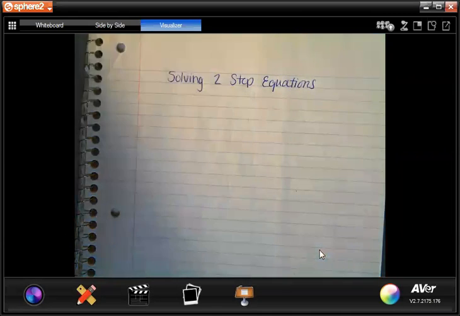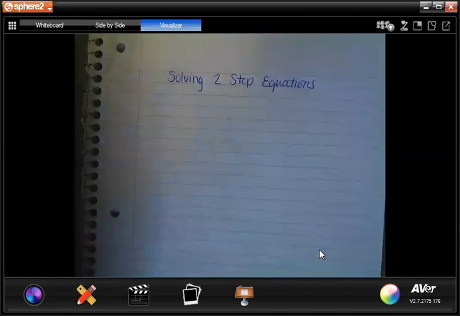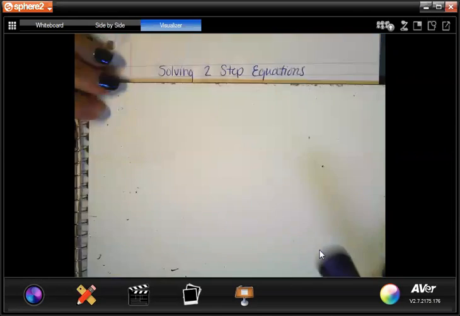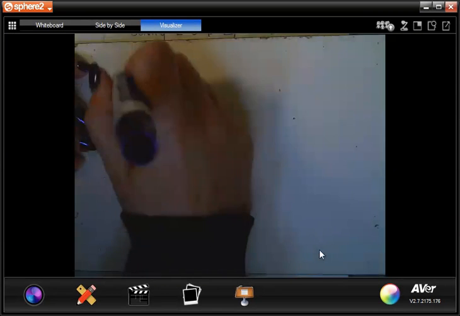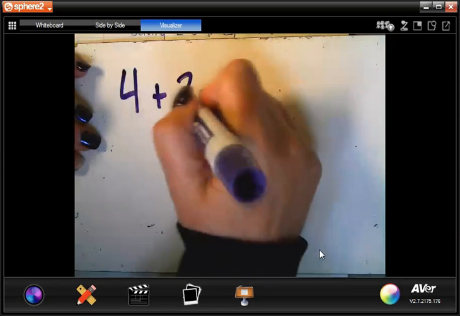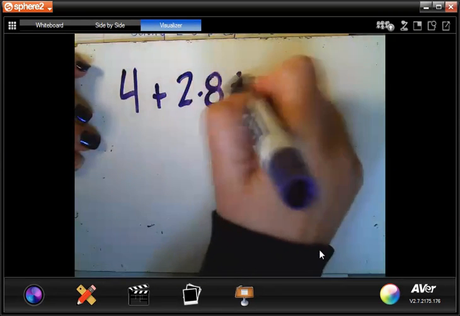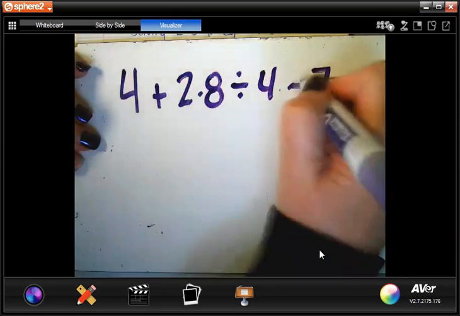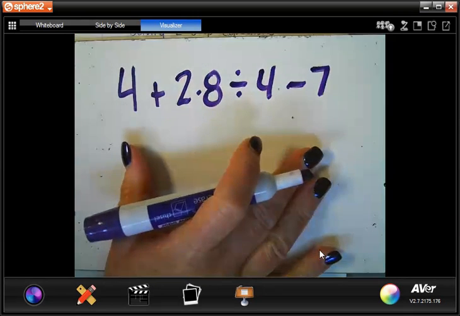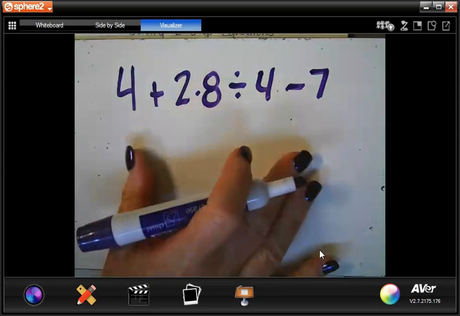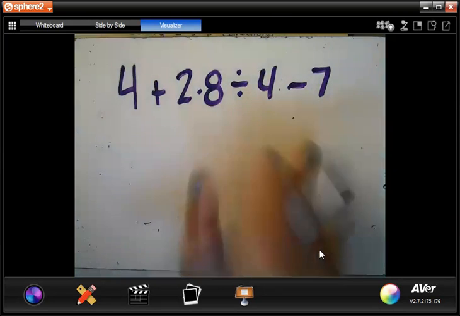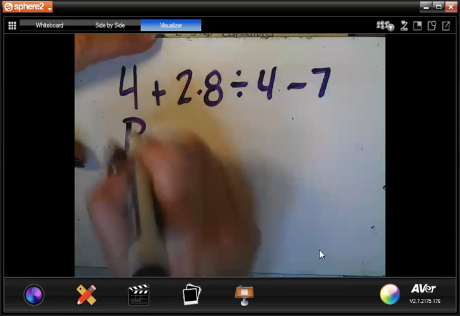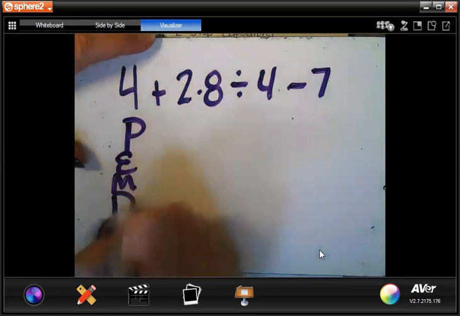All right, so we have learned a long time ago that if you have a problem that looks like this, 4 plus 2 times 8 divided by 4 minus 7, in order to solve it we follow the order of operations, which is PEMDAS, right?